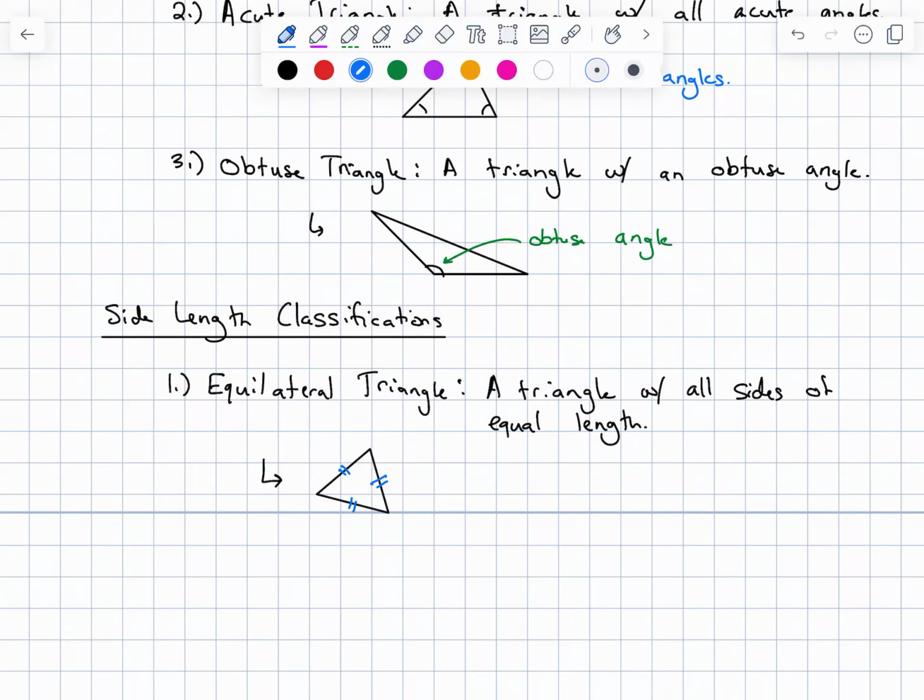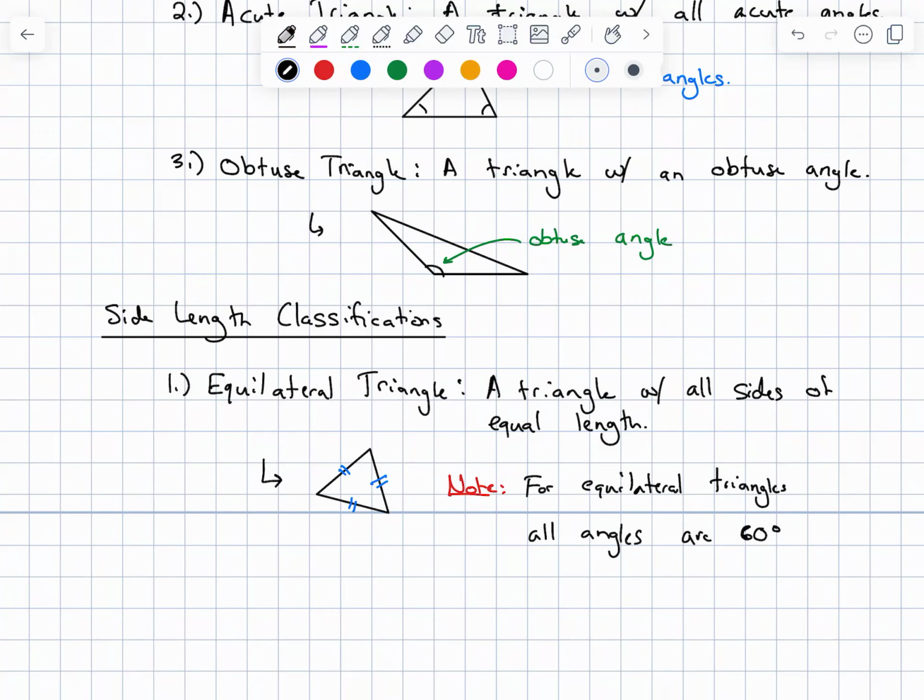And as a necessity of equilateral triangles, one of the cool things is that all the angles are 60 degrees. That's kind of by virtue of how it needs to be formed.